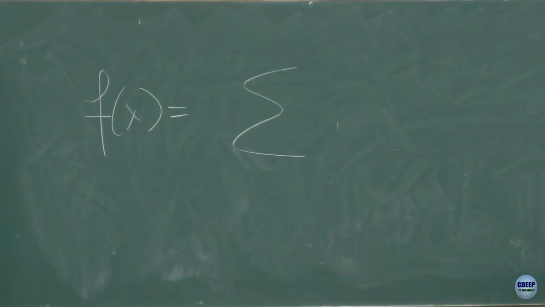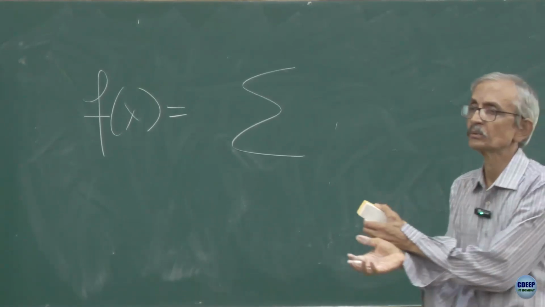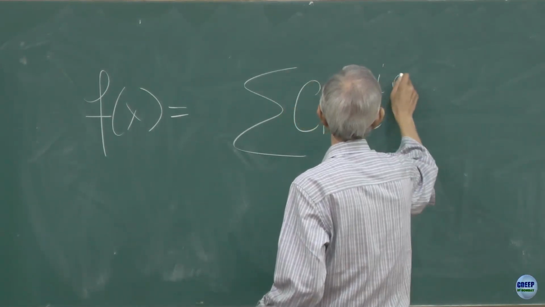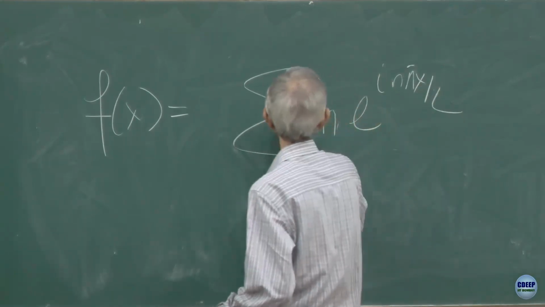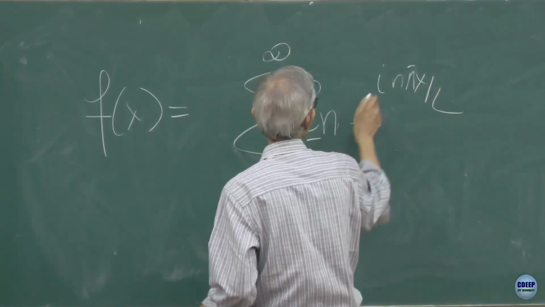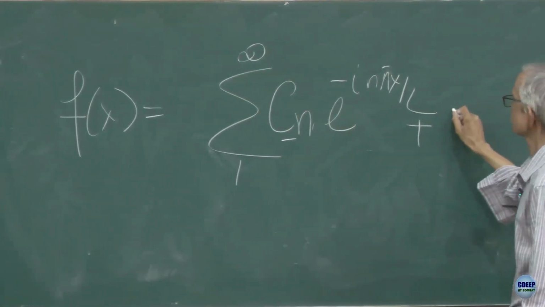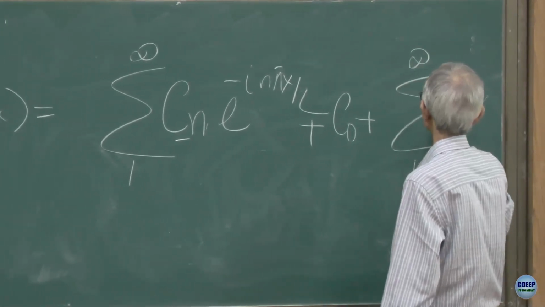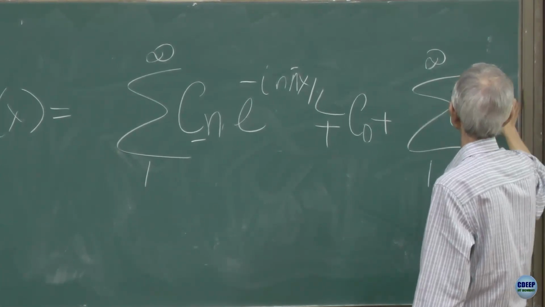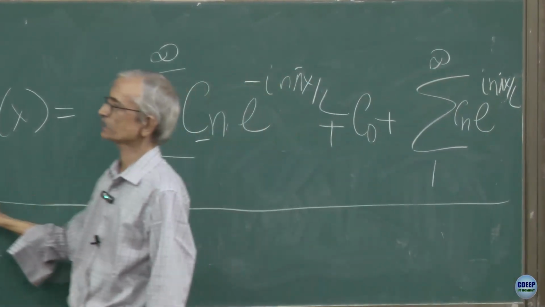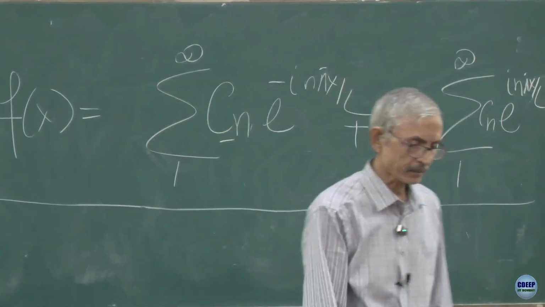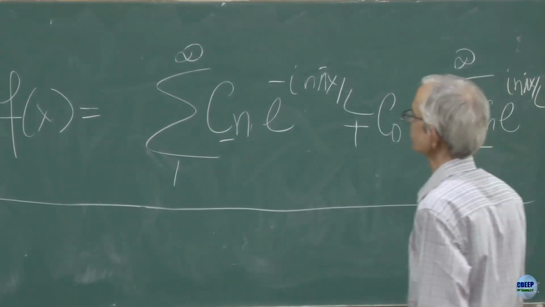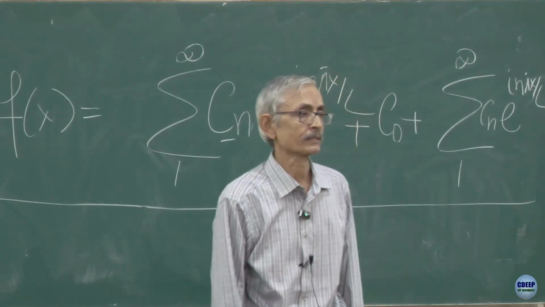Remember we said that you have a function, you project it onto the basis functions, and whatever you get times the particular function gives the sum. So f of x is equal to some constant c naught plus the summation from 1 to infinity of Cn e to the i n pi x by L. So this is the Fourier series parallel, or the complex form, of the trig series that we have already seen in the past.